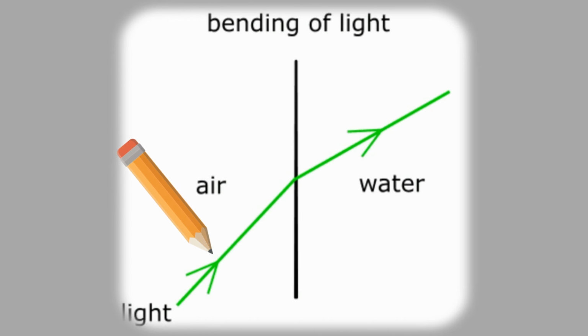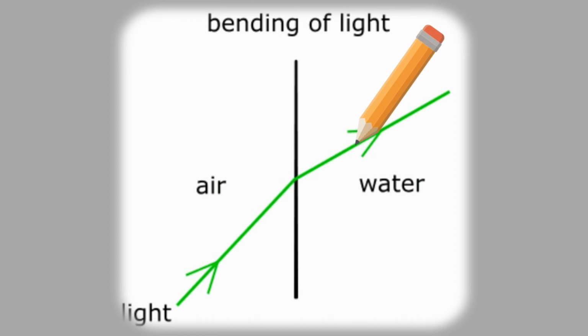And the light ray which is obtained after the refraction is known as the refracted light ray. We can also consider a point of incidence at the boundary where the incident light ray strikes. That is the point of incidence. It is also possible to draw a perpendicular line, or a normal line, at this point of incidence.